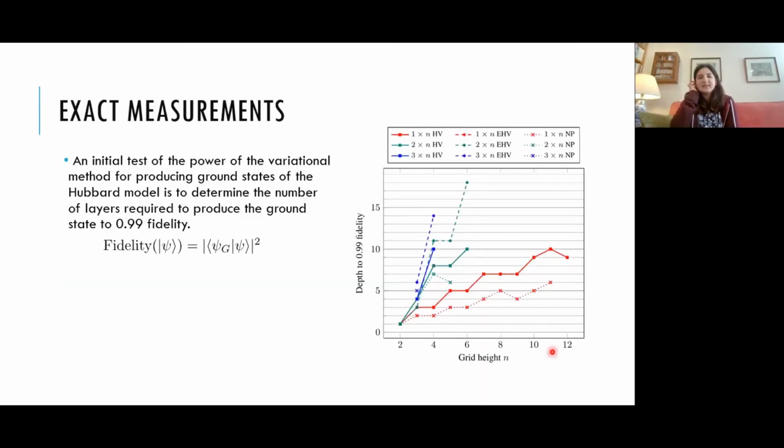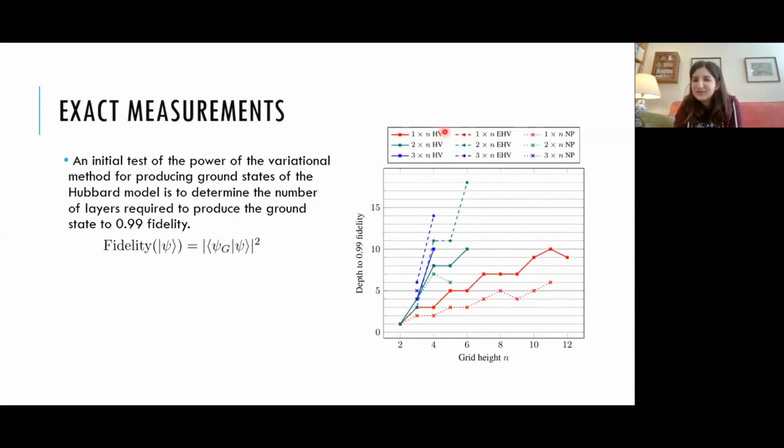For the exact measurements, an initial test you can do to see how powerful these ansatz circuits are is to determine the depth you need to go to produce the ground state to 99% fidelity. Along here I've got depth to 99% fidelity, and here it's grid height.